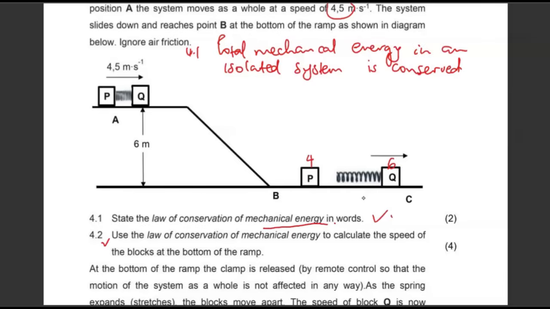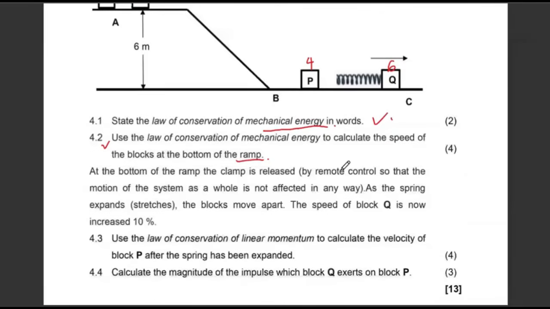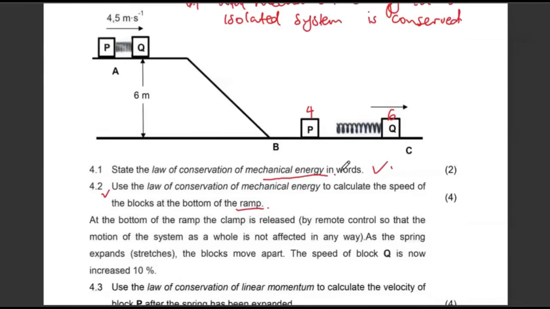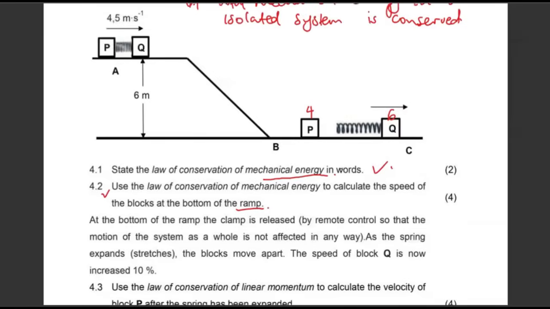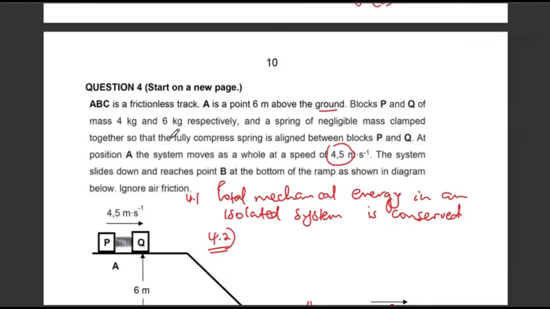Then 4.2: use the law of conservation of mechanical energy to calculate the speed of the blocks at the bottom of the ramp. Now, one thing we need to know is that at point A the blocks have both potential and kinetic energy, because the blocks are moving. That's what they told us.